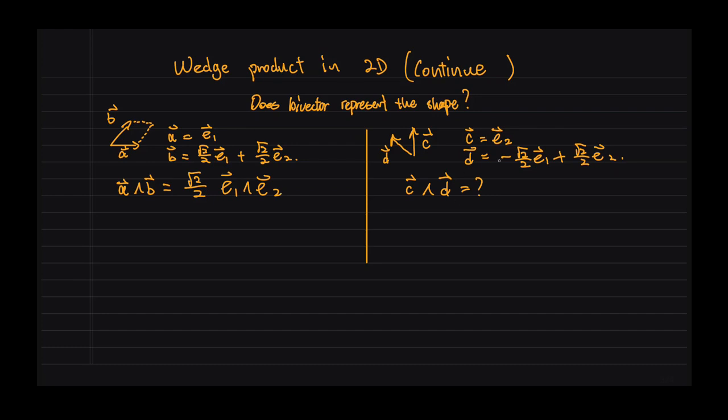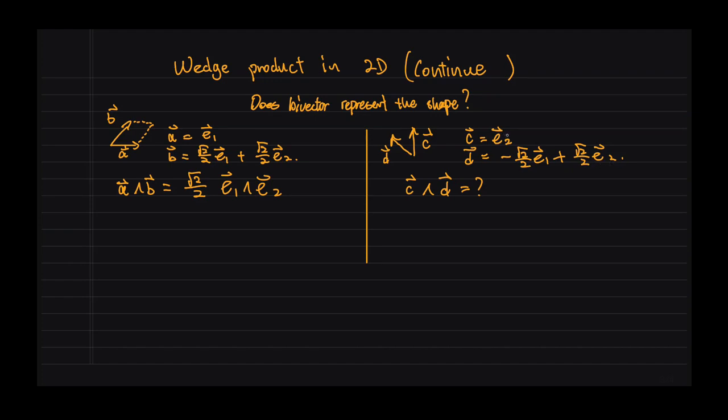And now the case is C wedge D, where C is only E2, and D is equal to minus square root of 2 divided by 2 E1 plus square root of 2 divided by 2 E2.